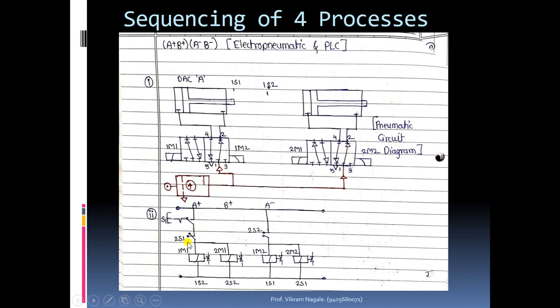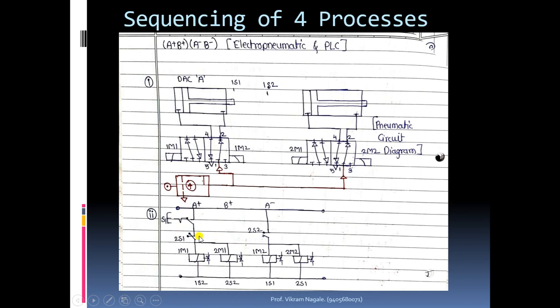Now why is supply given to 1M1 and 2M1? You can see here in the solenoid circuit diagram, the 1M1 coil is on the left hand side, and by energizing that we will be able to activate this left side block, and because of that we will get A plus. In the same way, by activating this 2M1 coil we can activate this left side block, and by doing so we can get B plus, that is extension of both cylinders.